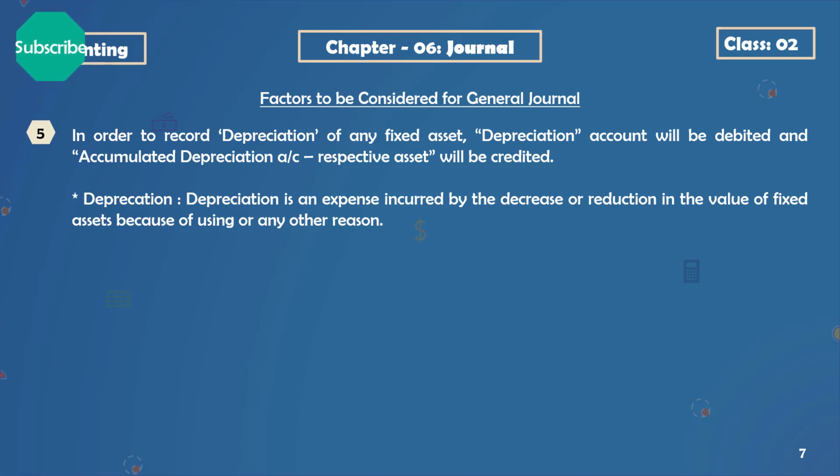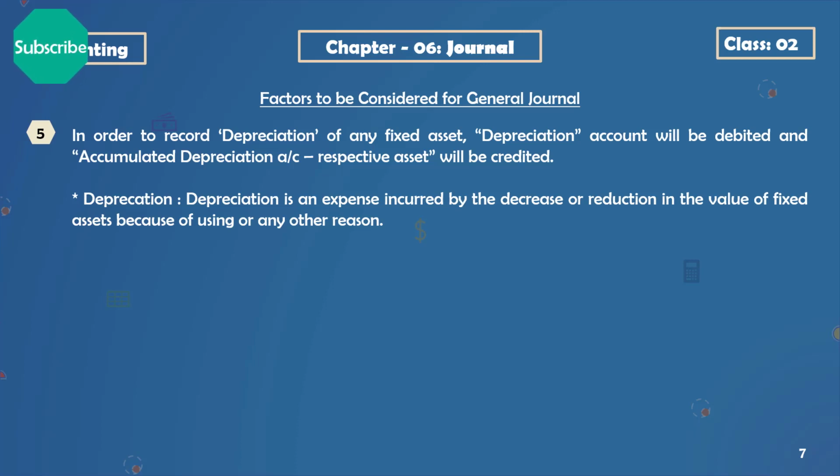Okay, so when we have to charge any depreciation on any fixed asset, we have to debit depreciation account, and the respective asset will be credited, including the term accumulated depreciation. So we have to credit accumulated depreciation account of the respective asset.